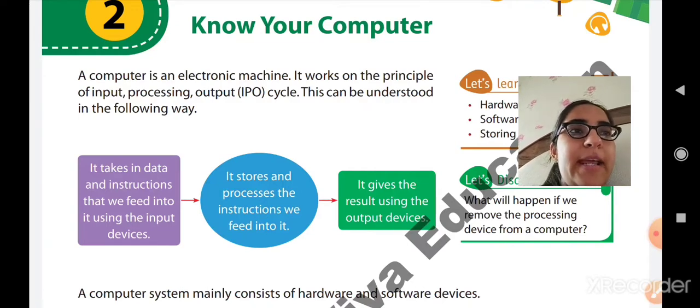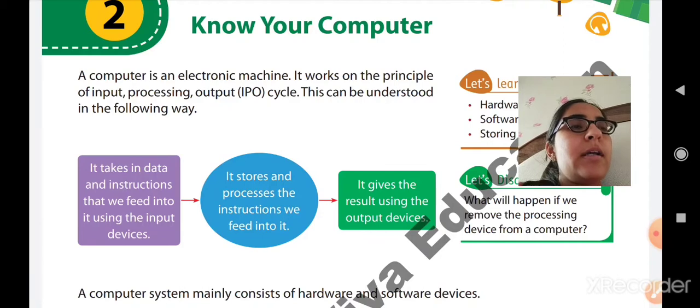Now let me explain this IPO cycle with a simple example. If a user wants to search Microsoft Word in a computer, then first he types MS Word using the keyboard, or he can search for MS Word using the mouse. After that, the instructions or commands given by the user go to the CPU, that is, to the processing unit.